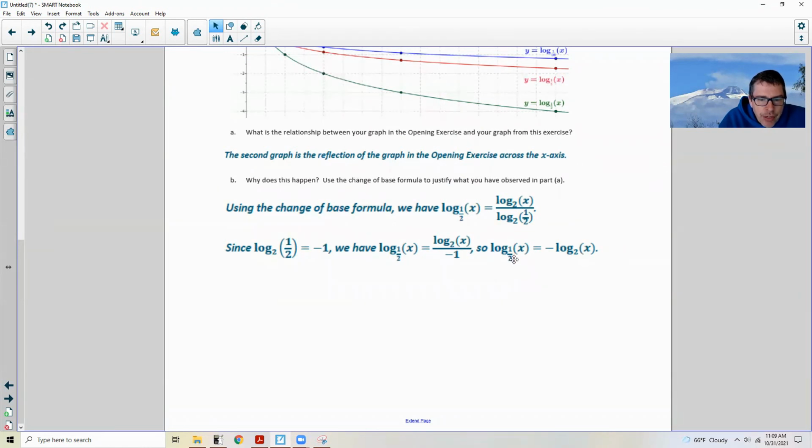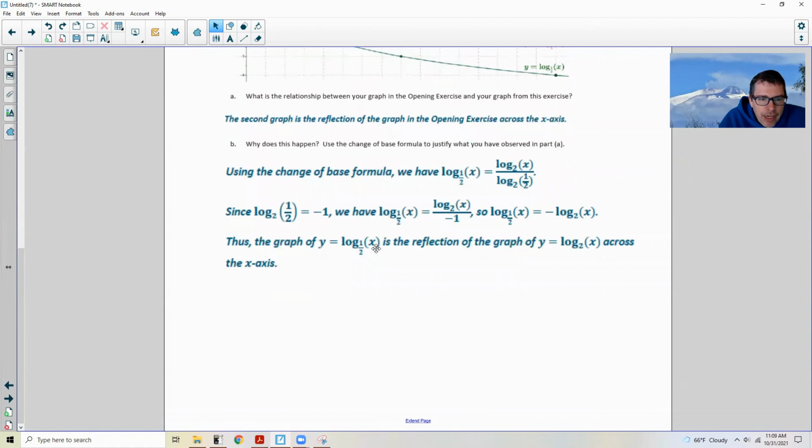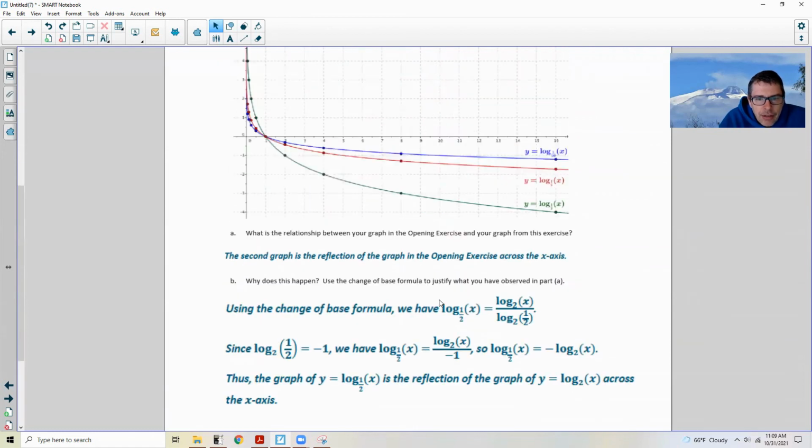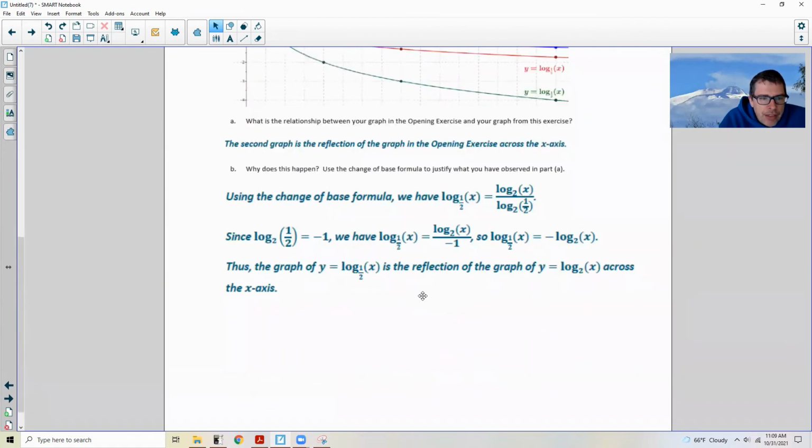So log base 1/2 of x equals the negative log base 2 of x. Thus, the graph of y equals log base 1/2 of x is the reflection of the graph of y equals log base 2 of x across the x-axis. So that's the explanation using the change of base formula.